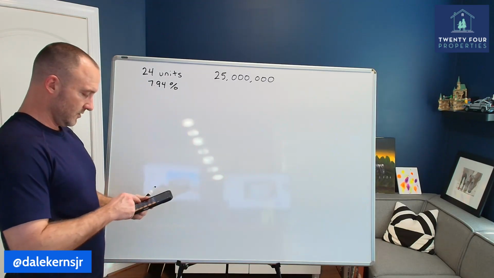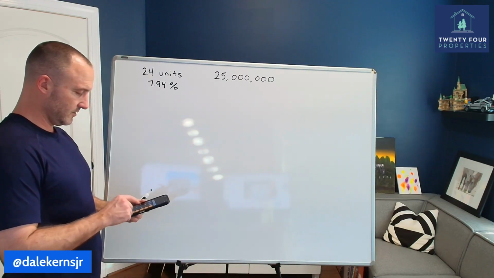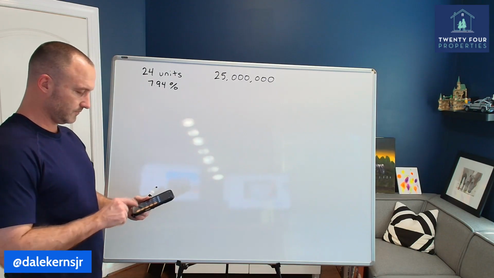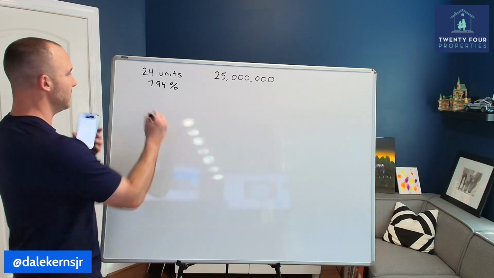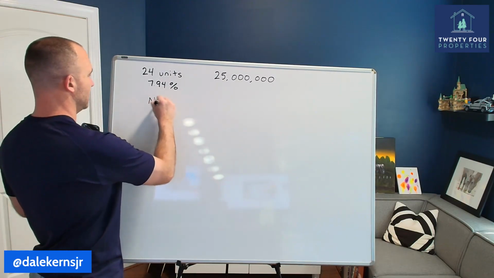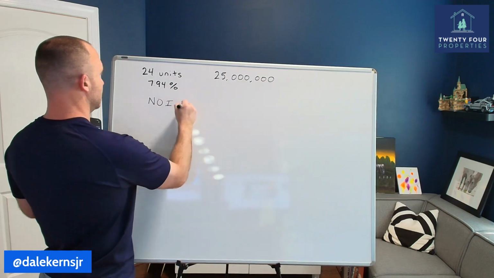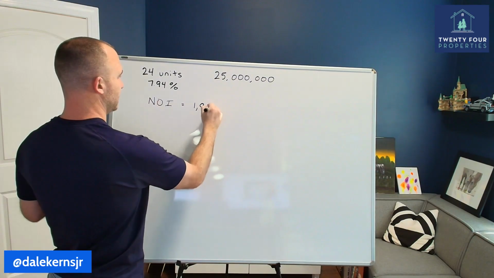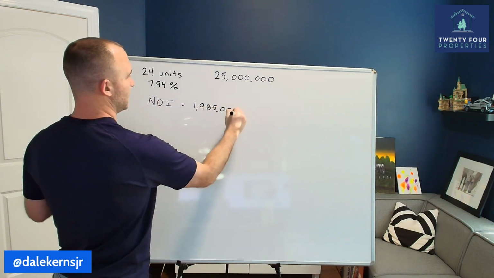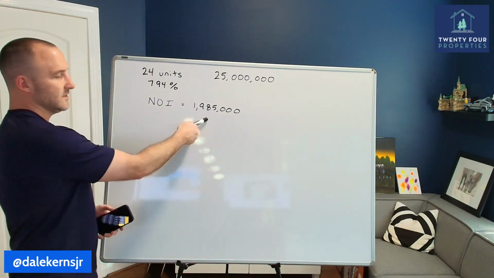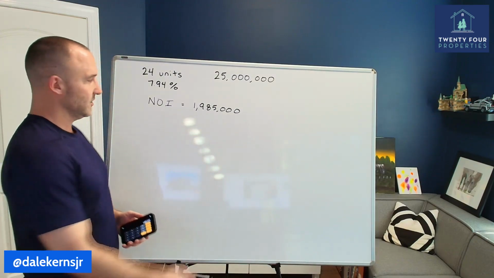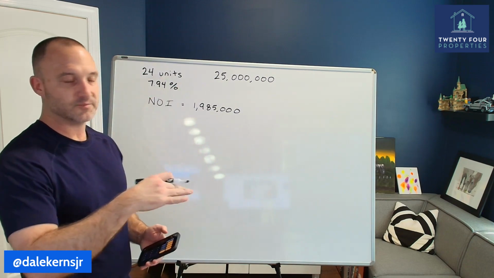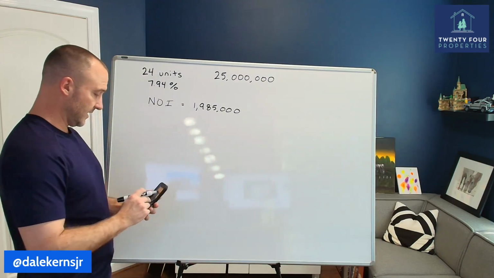So 25 million times 0.0794 gives us an NOI of 1.985 million. This tells me how much money they're making, about $2 million a year, income minus expenses.